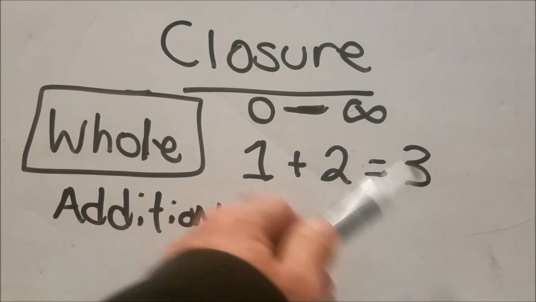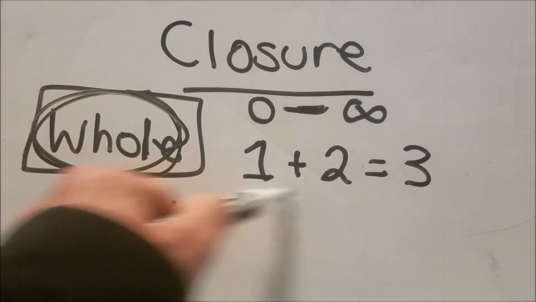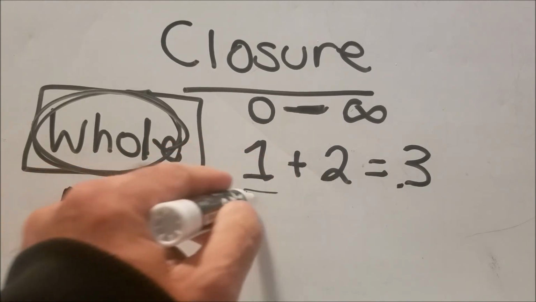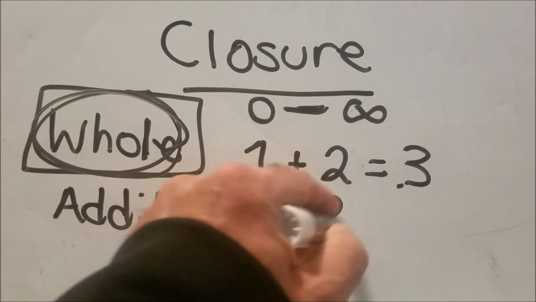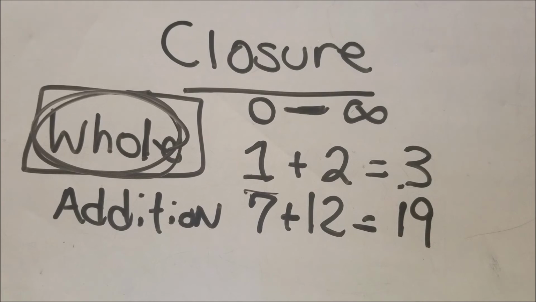Your answer is also a whole number. Let's check again. What if we had 7 plus 12? They're both whole numbers. What's your answer? 19, right? And 19 is a whole number. So under addition, whole numbers are closed.